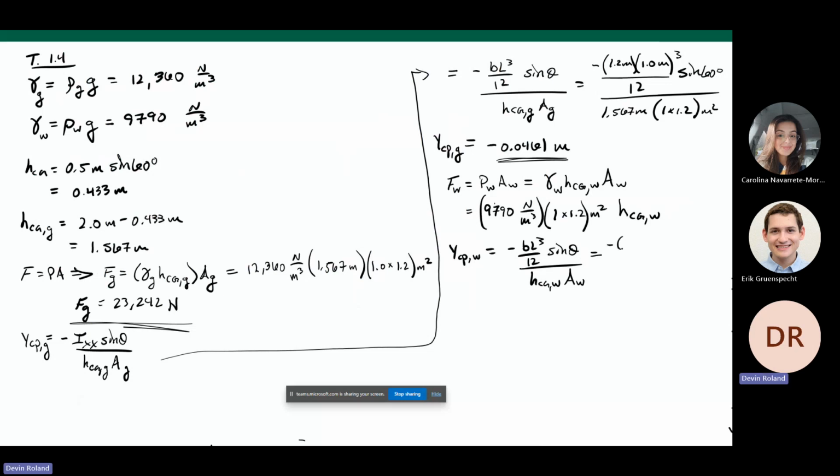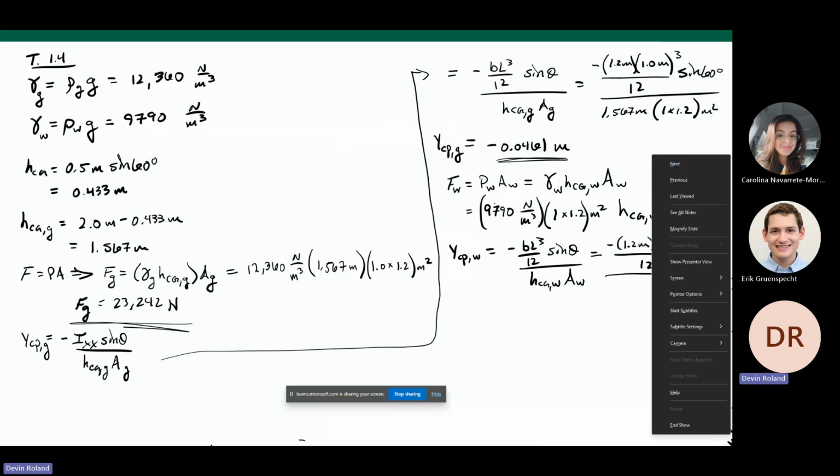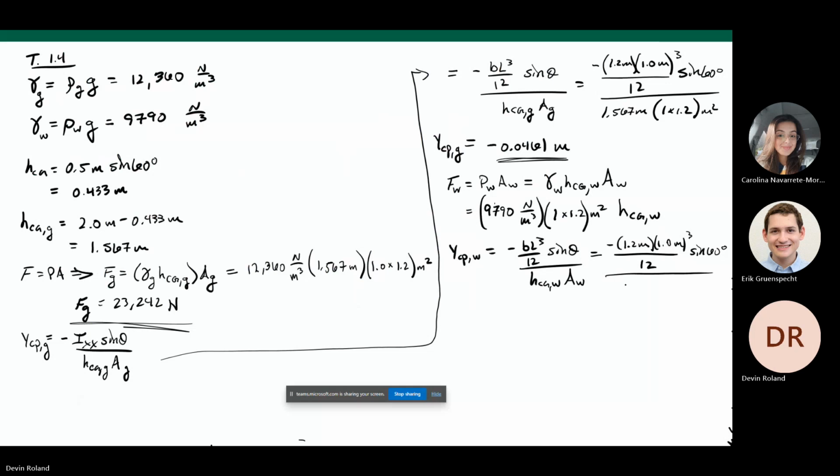And that's going to be negative 1.2 meters times 1 meter cubed divided by 12 sine 60 degrees, divided by HCG water times that 1.2 times 1.0 meter squared area.